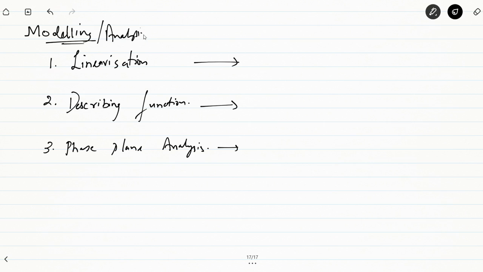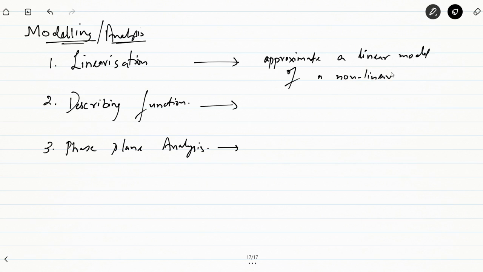So the first one is the linearization approach. Linearization is the simplest of these approaches. We simply approximate a linear model of a non-linear system.